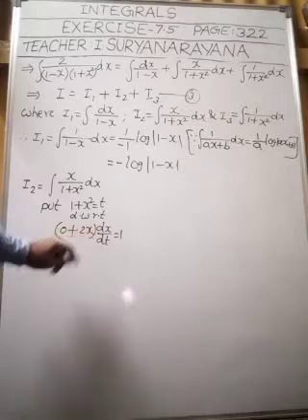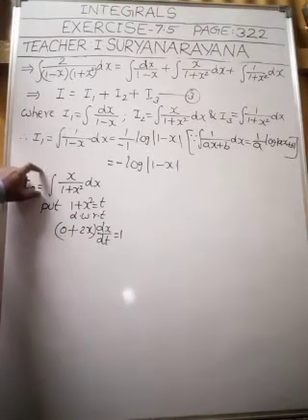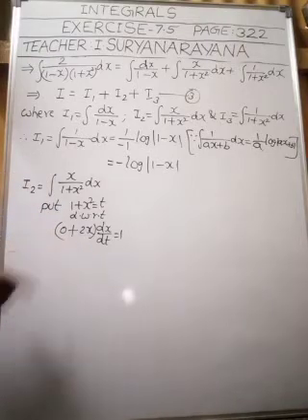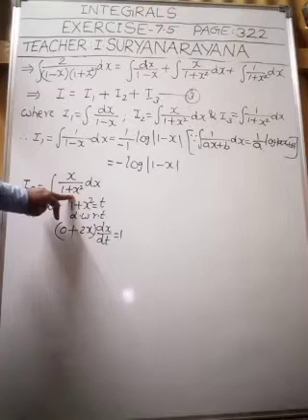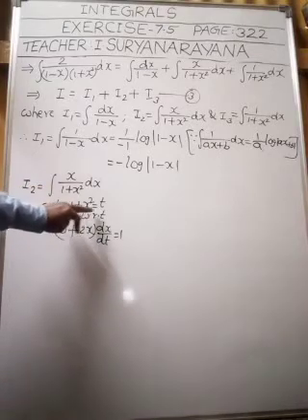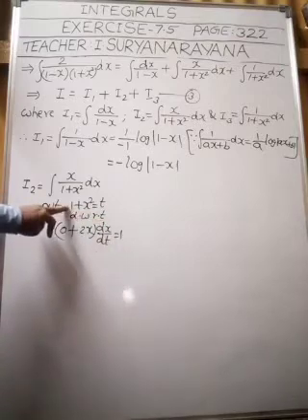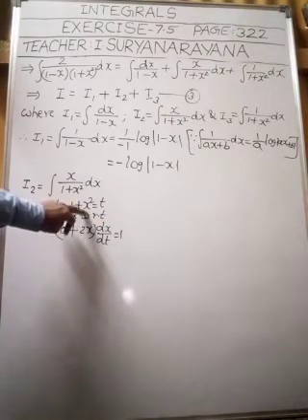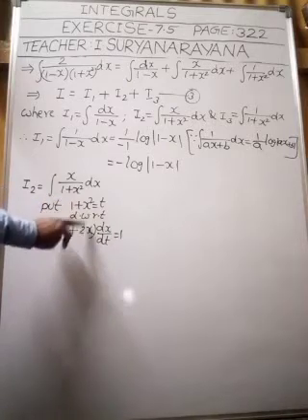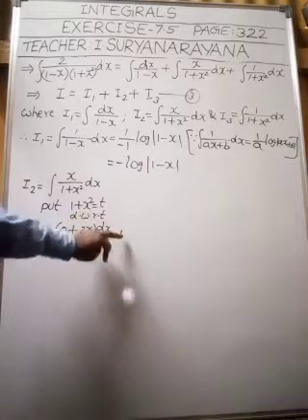Do you remember these steps, my children? To find the value of I2 here, we are using the integration by substitution method. So what is the function in the denominator? 1 plus x square. So we are taking 1 plus x square is equal to t. Differentiating with respect to t, the derivative of 1 is 0, plus the derivative of x square is 2x, into dx by dt is equal to 1.